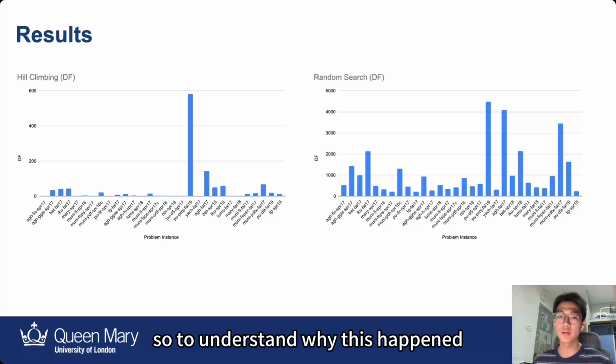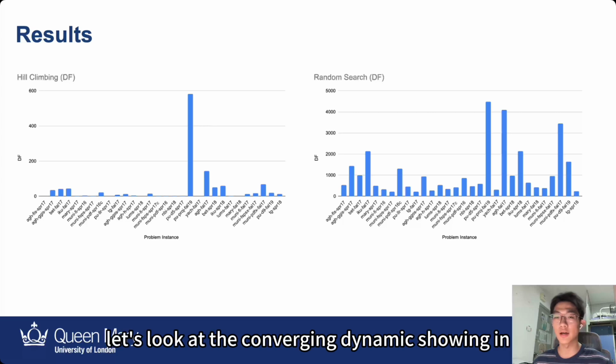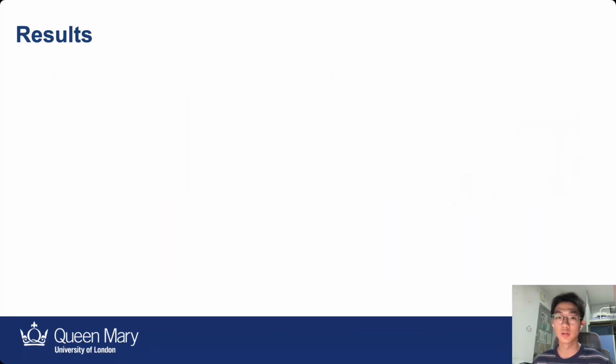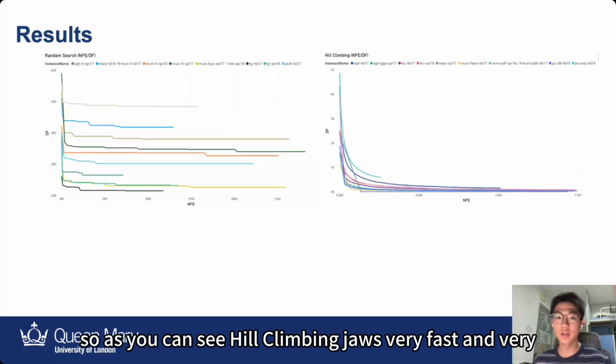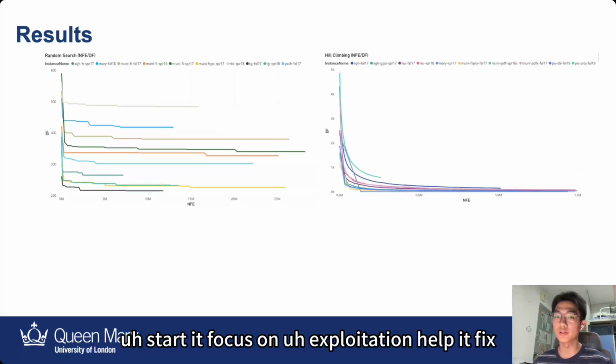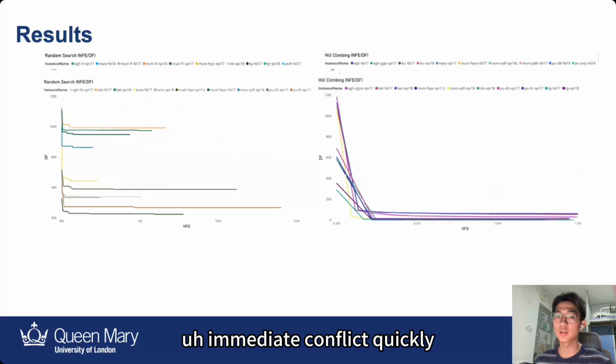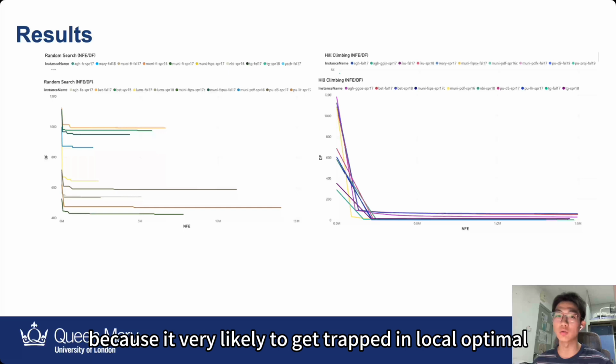To understand why this happened, let's look at the convergence dynamics shown in this chart. As you can see, hill climbing drops very fast at the very start. Its focus on exploitation helps it fix immediate conflicts quickly. However, it also flattens out quickly because it's very likely to get trapped in local optima.